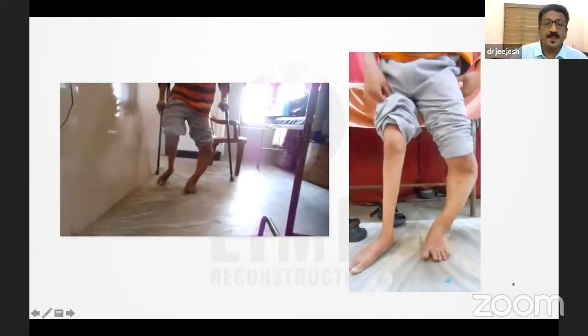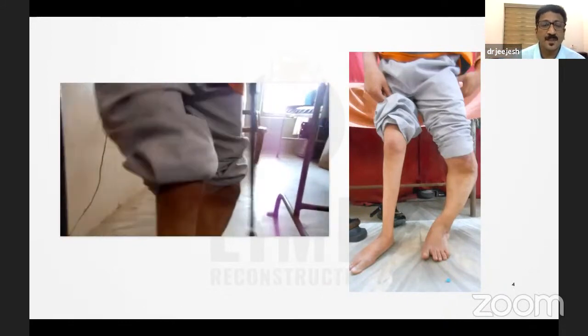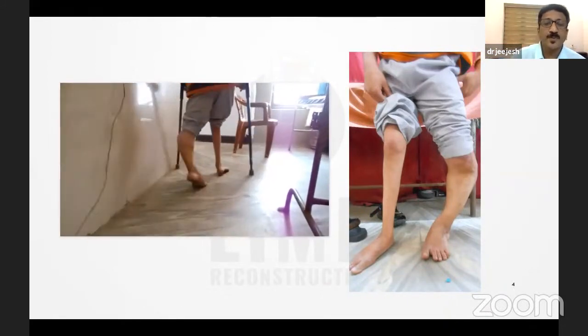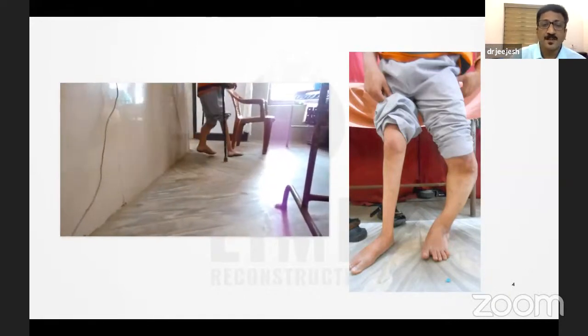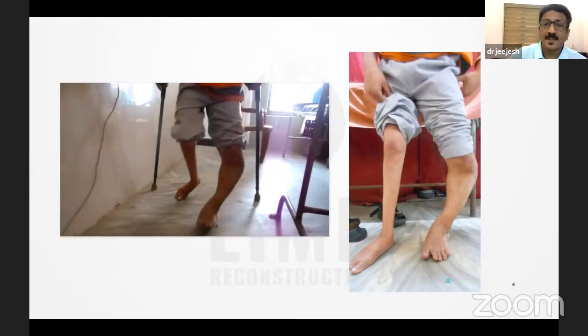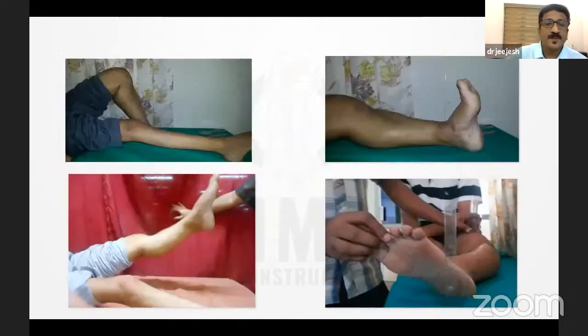This is his gait, where he initially used to walk with a single crutch or hand-to-knee gait. Because of the severe pain, he has to use 2 crutches, and his walking speed was also reduced. You can see this clinical picture and the gait, the range of motion, and the internal rotation deformity.